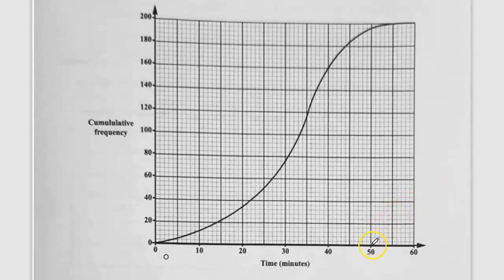If you look at 50 minutes, use a ruler. Here's 50 minutes. Draw a line right up until it stops at the curve, and then draw a horizontal line across to touch the vertical axis, the y-axis.